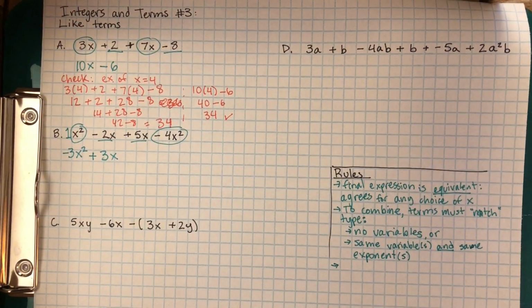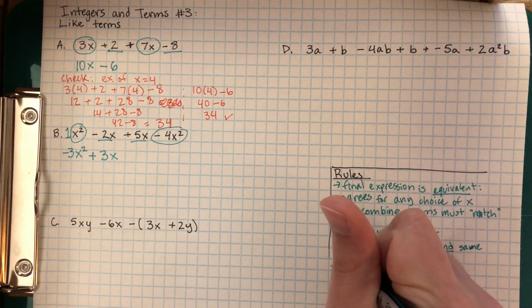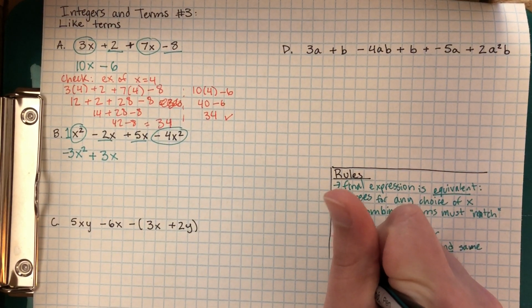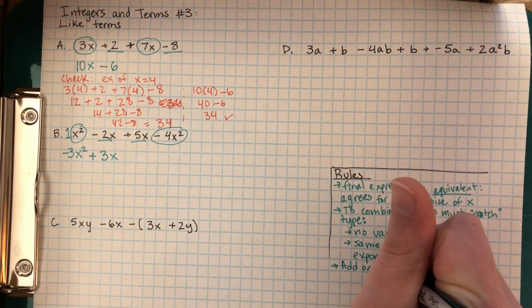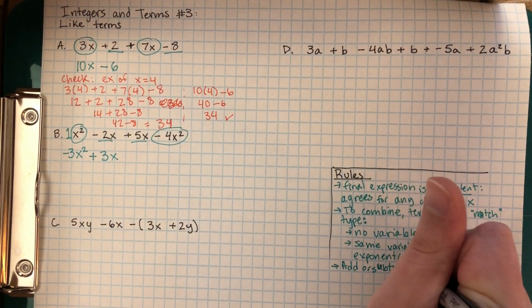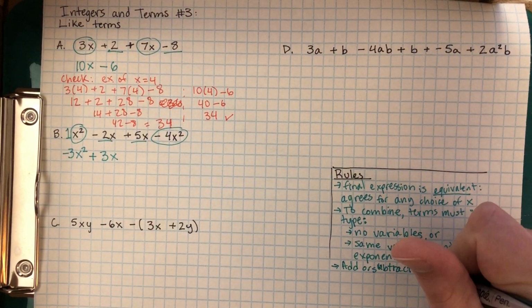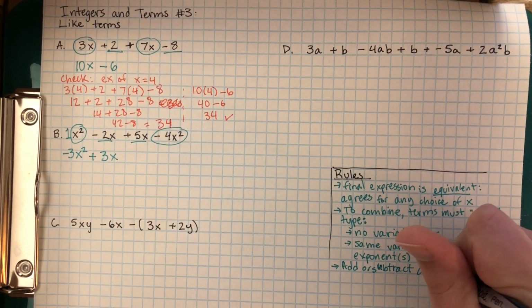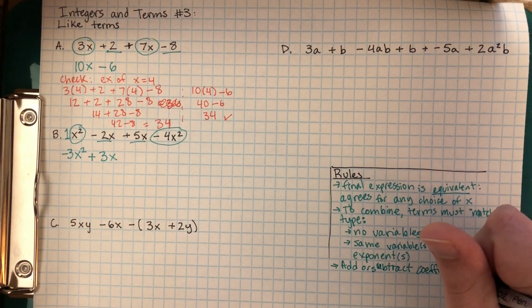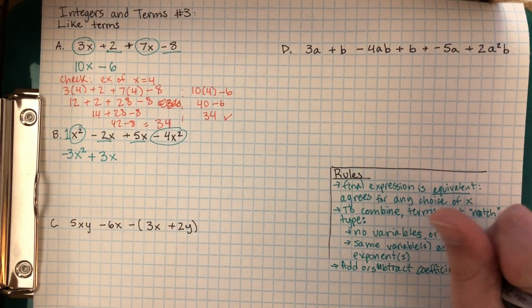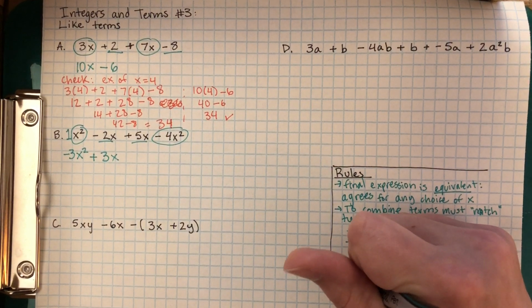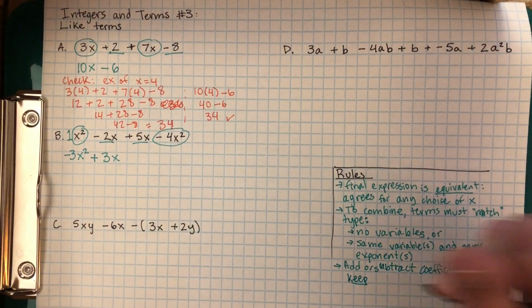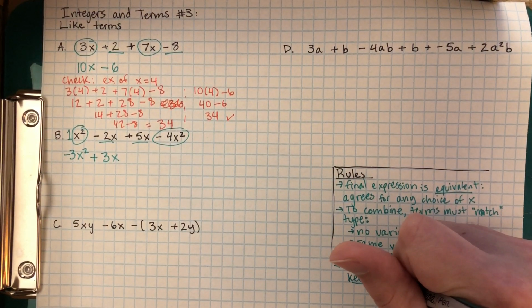And then to get the result, we add or subtract the coefficients, meaning the numbers in front, and we keep the variables and exponents.